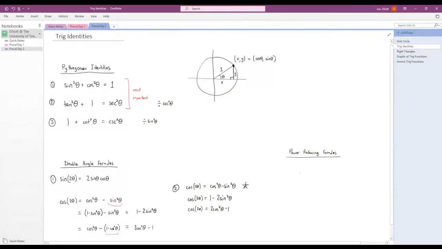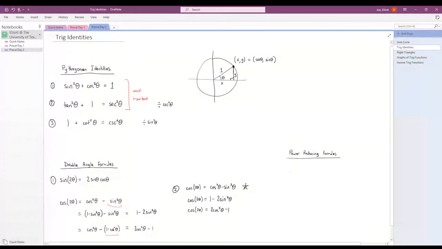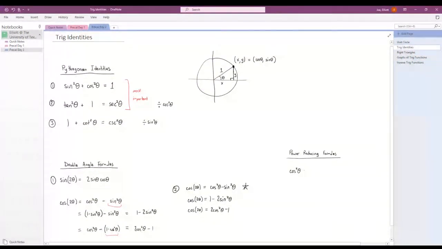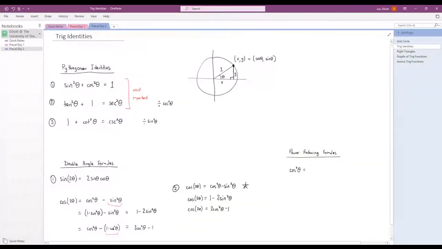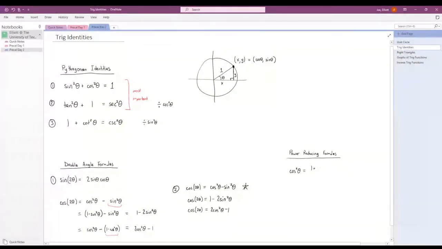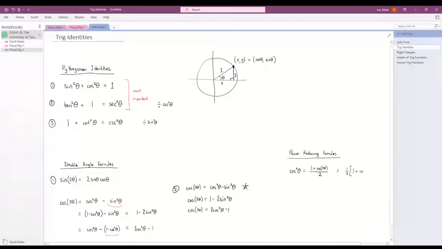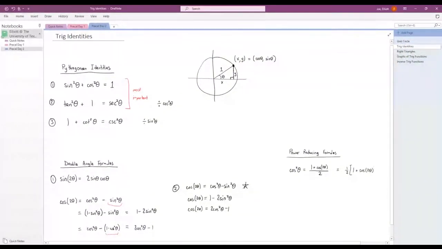The power reducing formulas are: cosine squared of theta is equal to (1 plus cosine of 2 theta) over 2. Sometimes I like to factor the 1/2 out in the front, so sometimes I write it like this as well, but they're both the same.